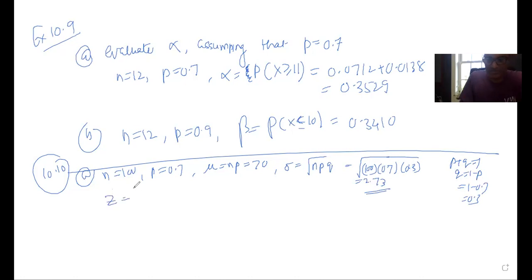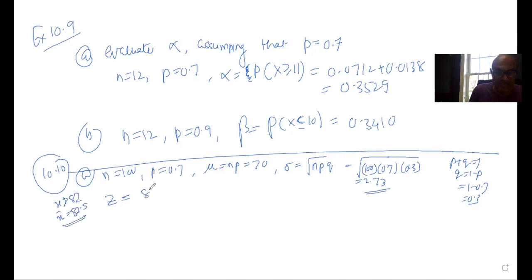Z is equal to now, what are the values provided to us? It says x is greater than 82. So I would like to consider x bar equal to 82.5, suppose.